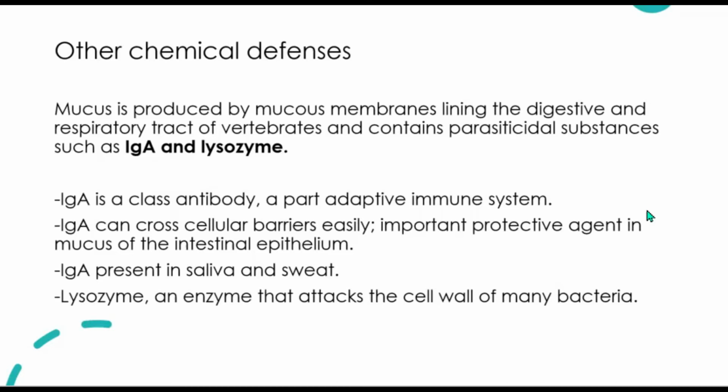IgA can cross cellular barriers easily, and it's a protective agent in mucus and intestinal epithelium. If a parasite gets into our intestinal epithelium or digestive system, IgA and lysozyme would be the first line of defense since they are present in the membrane lining our digestive and respiratory tracts. Also, IgA is present in saliva and sweat.